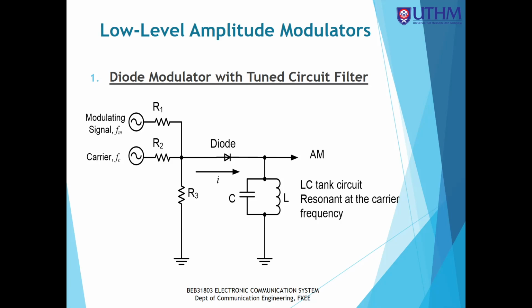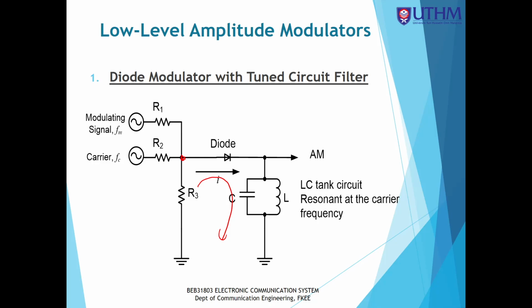You see here the modulating signal and also the carrier, so they will mix. Both signals are mixed together, and then pass through the diode. Remember, diode only allows current to flow in one direction only, and it prevents reverse bias. So diode is like a switch.